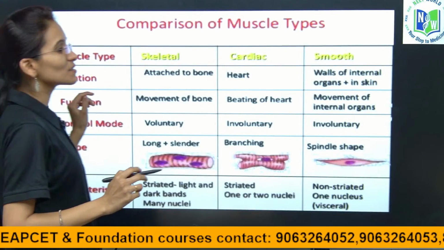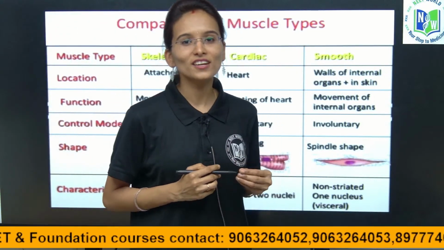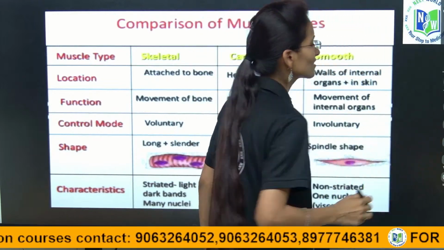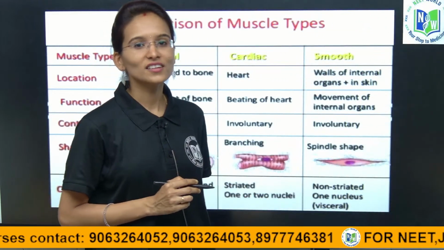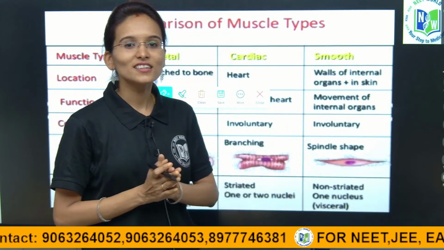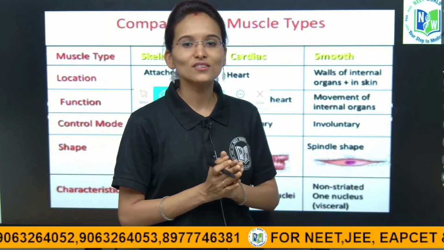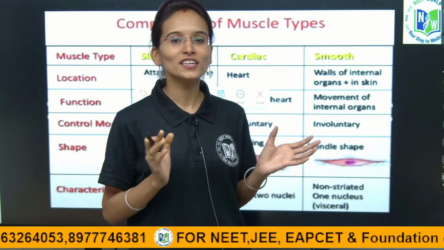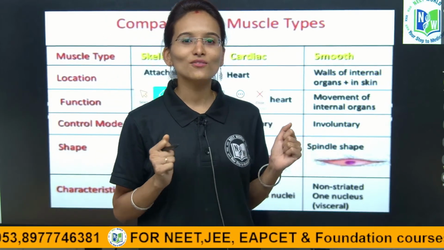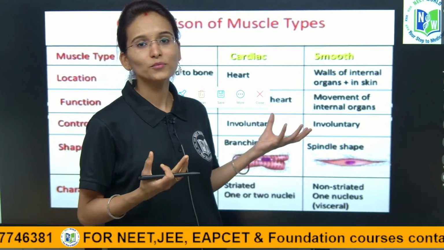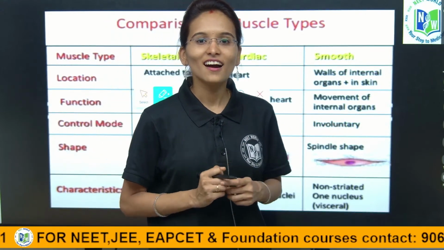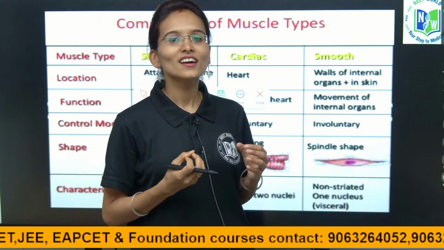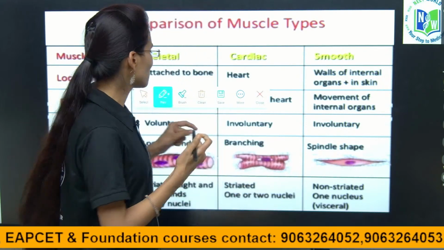It is involuntary in function, students, because all the contraction and relaxation which takes place in the heart to transport the blood throughout the body is regarded as involuntary function, because we cannot stop those contractions and relaxations in the heart. Due to the presence of contractions and relaxations only, we survive.